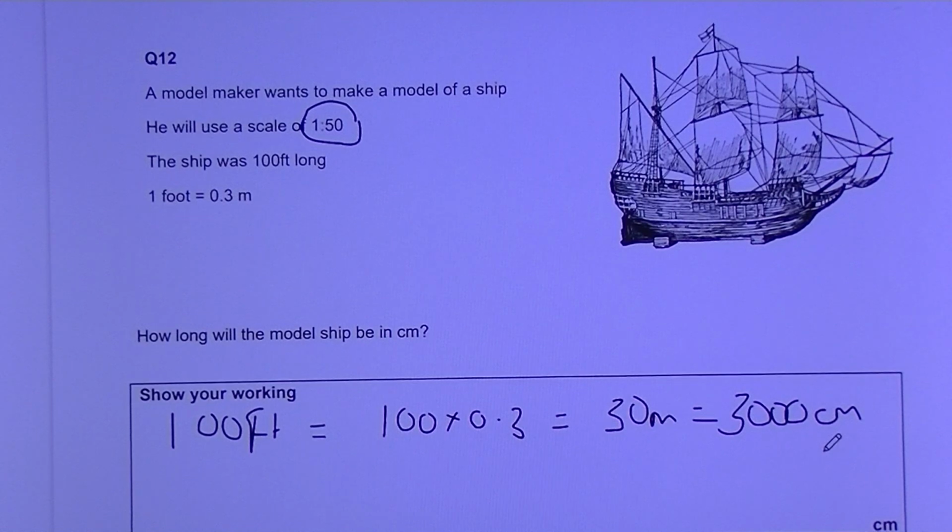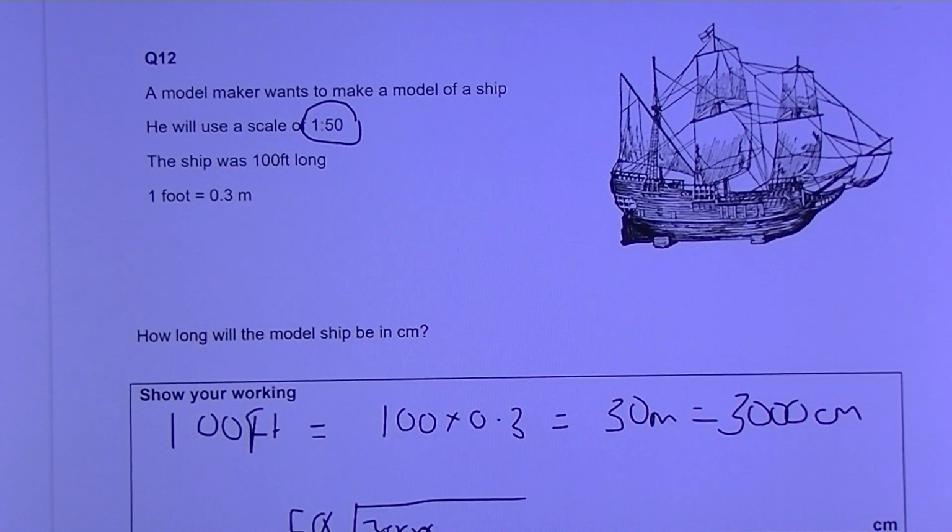Remember, there are 100 centimetres in a metre. The scale is 1 to 50, so we have to divide the 3,000 by 50. I'm going to cross the two noughts off at the end.